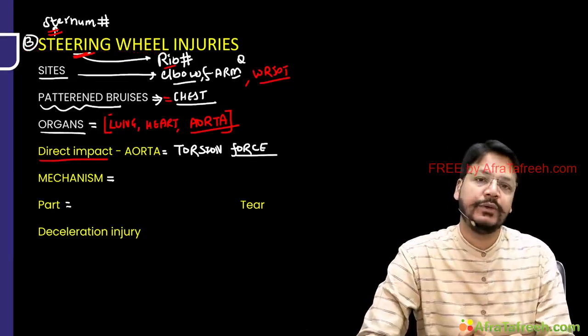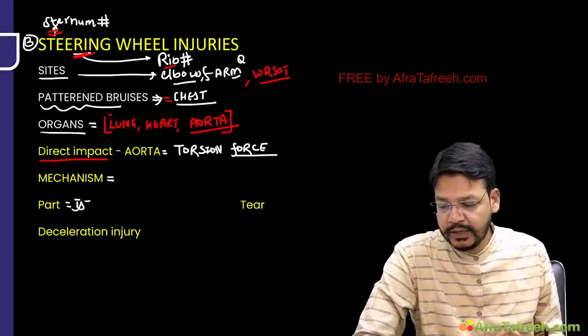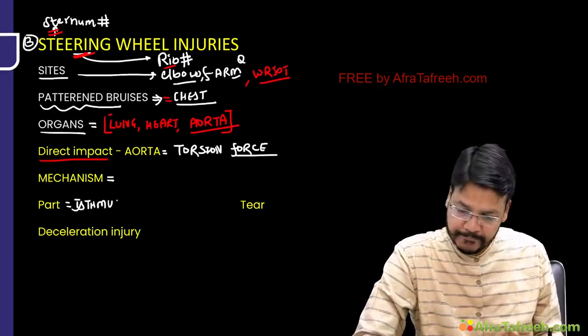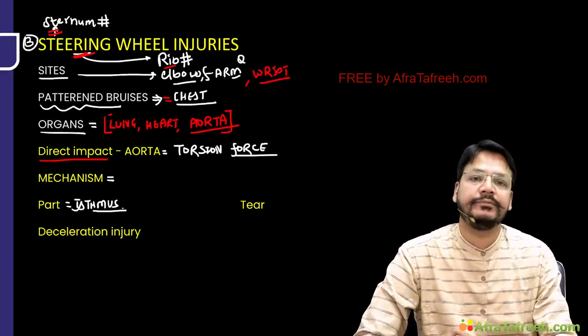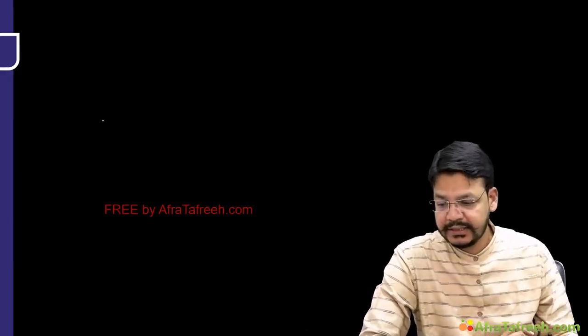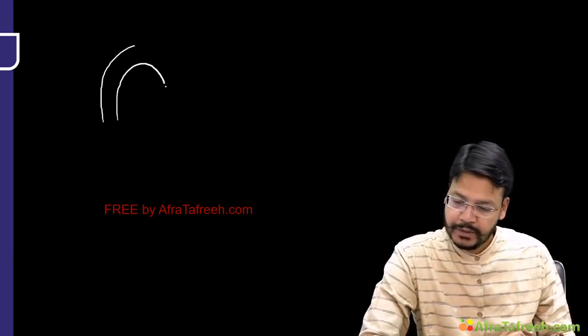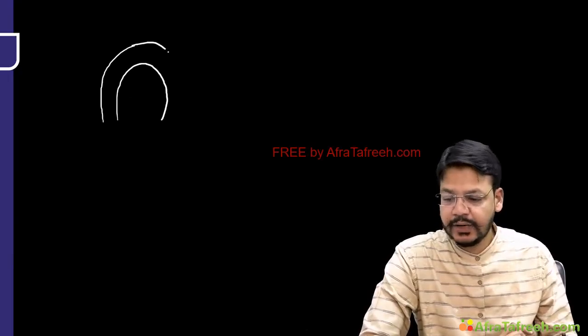Which part of the aorta is involved? Because the steering is hitting the aorta. The part involved in aorta is isthmus. Isthmus. And my dear friend, very, very important. You can remember, sir, this is ascending aorta and this is descending aorta.